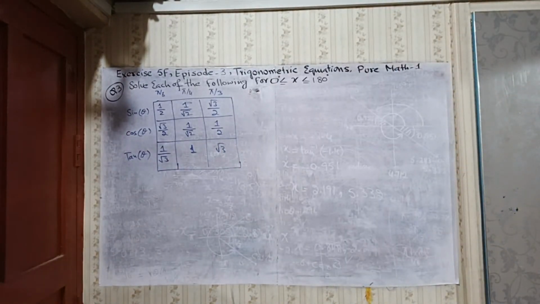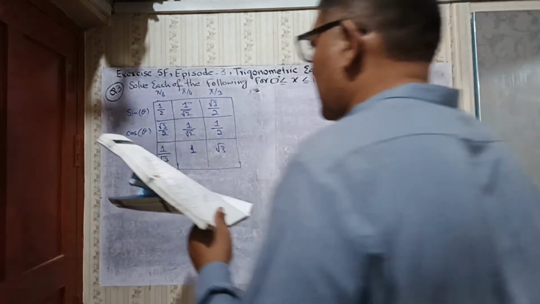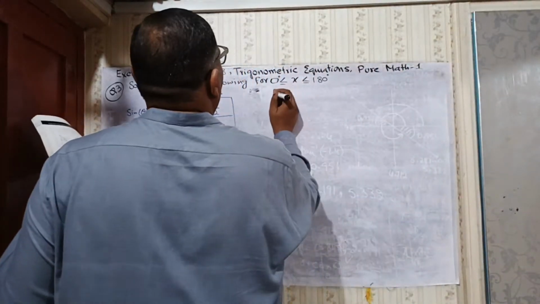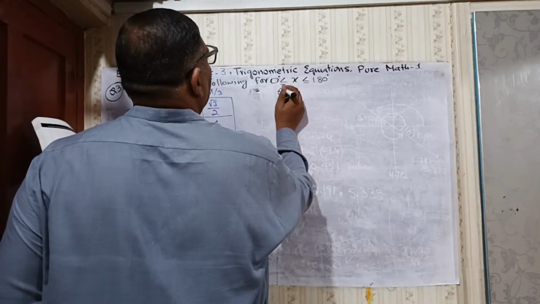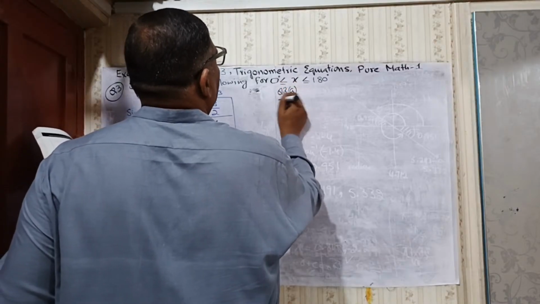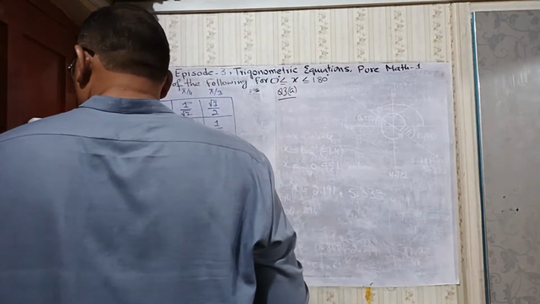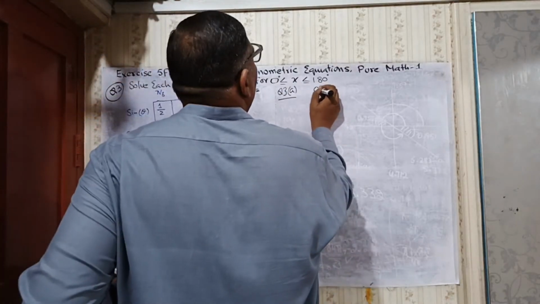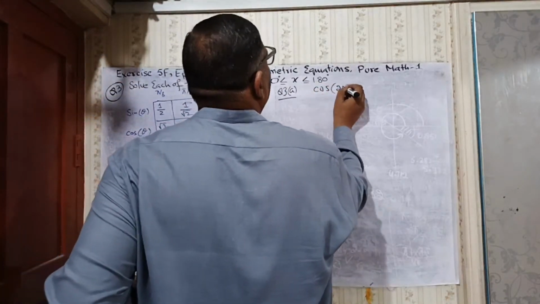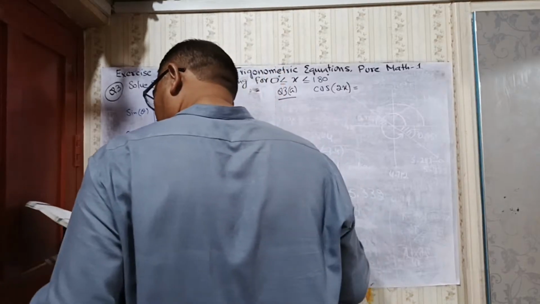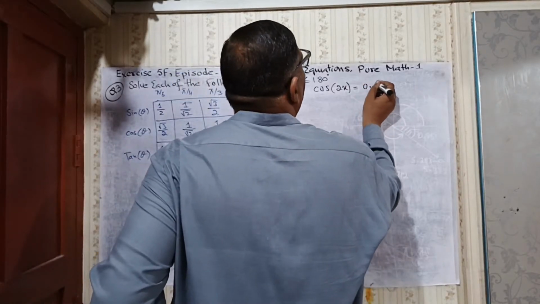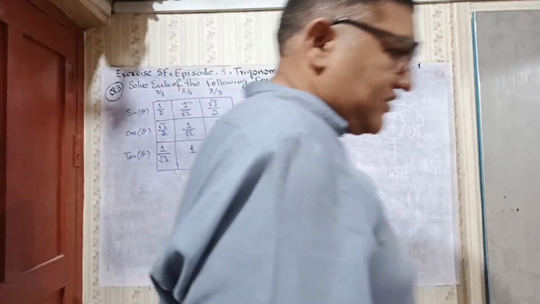Okay, so question number 3, A part. Here it says cos 2x is equal to 0.6. It's positive.